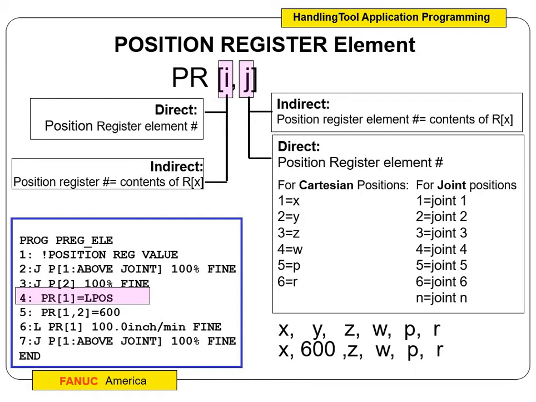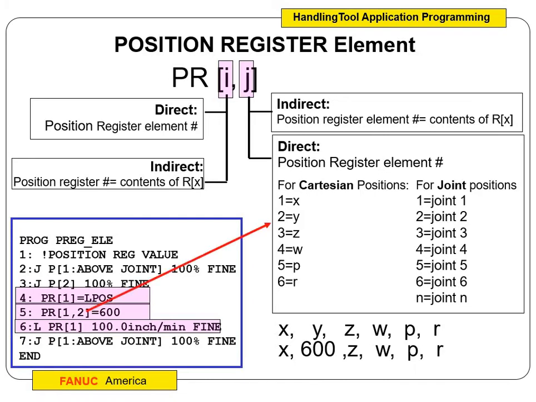So, just to reiterate, in the sample code here, we've got PR1. That's our LPOS, our left position here. And then when we go over here, we're offsetting the Y, and then we can define that linear movement: how we're going to move that position register 1, what's it starting at.